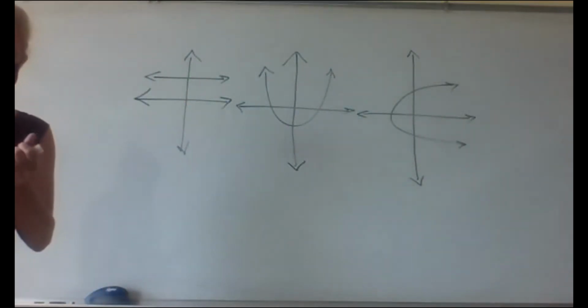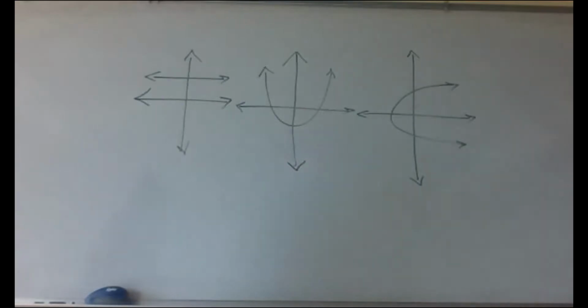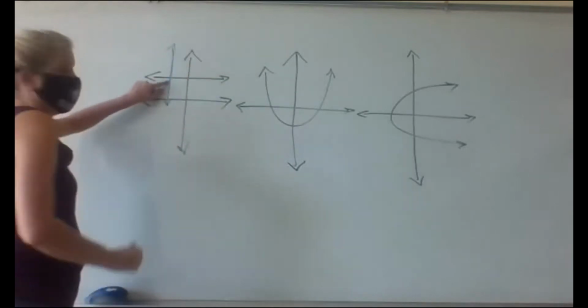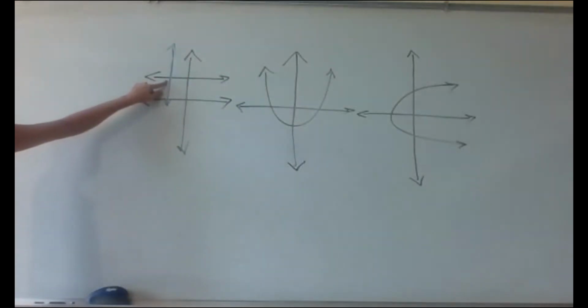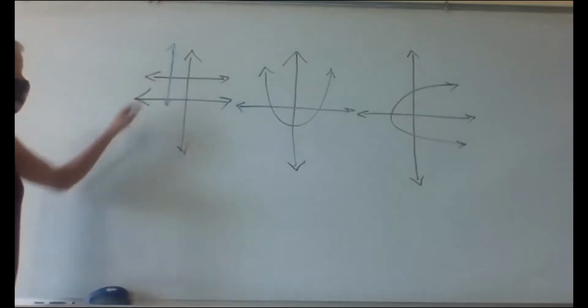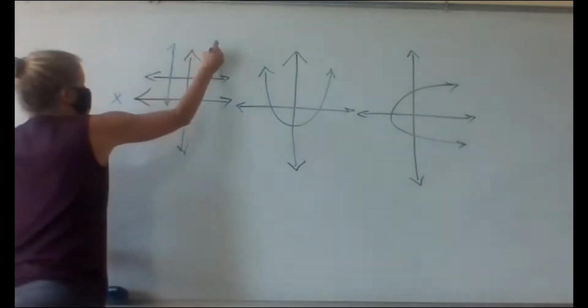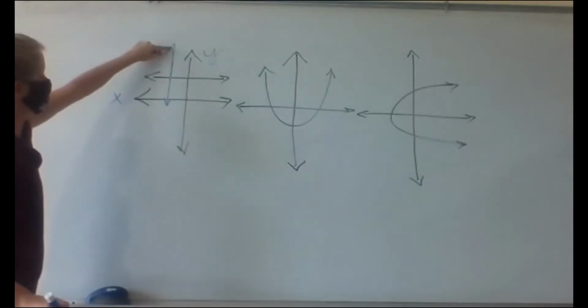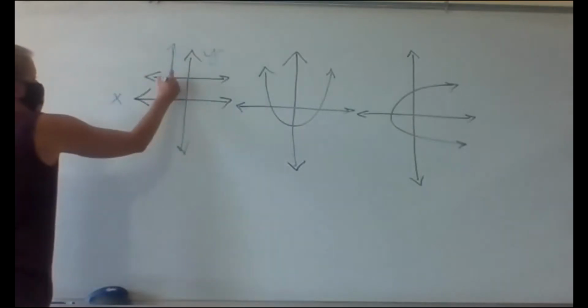All right, the vertical line test, remember that we did last week, told us that if you can draw a vertical line anywhere on the graph and only touch the picture once, not counting my x and y axis. So here's the graph, that straight line, or that horizontal line. If I draw a vertical line, look, I only touched it once.